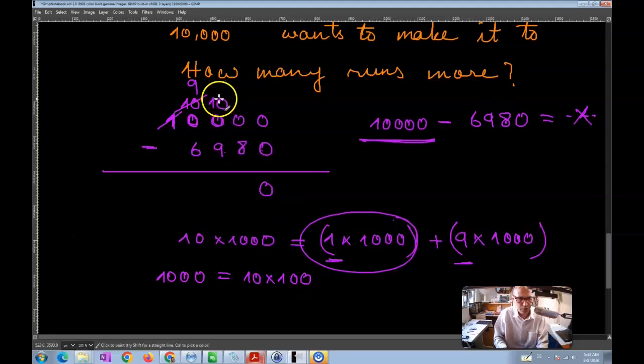So now I have 10 groups of 100 plus 9 groups of 1000. The 10 groups of 100 is 1000 plus a 9000. That's a 10,000, which I originally borrowed from here.